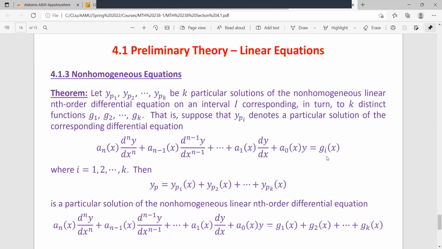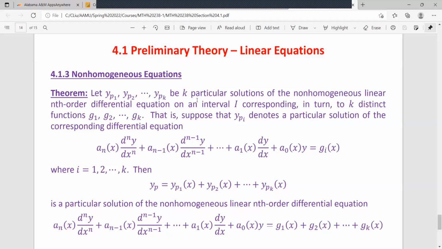Suppose we already find one particular solution for each of those equations, and we call them yp1, yp2 up to ypk.